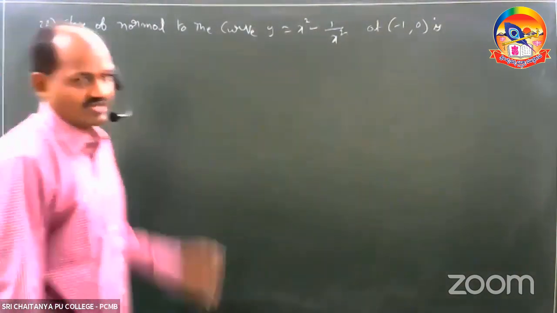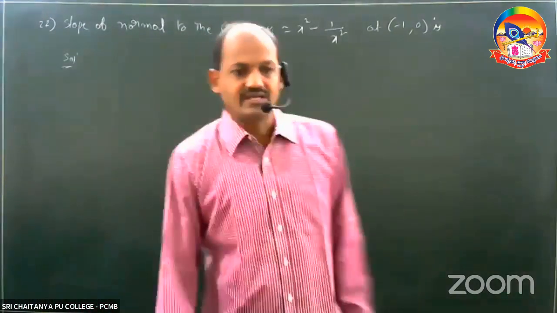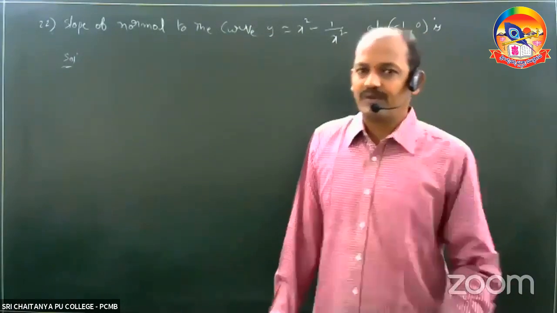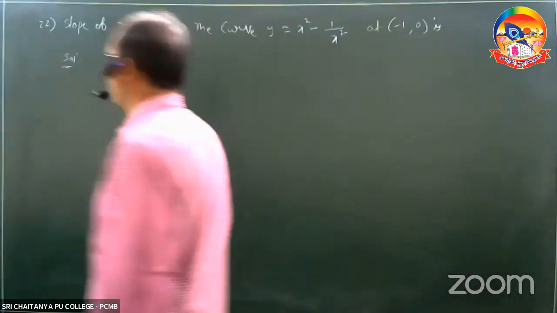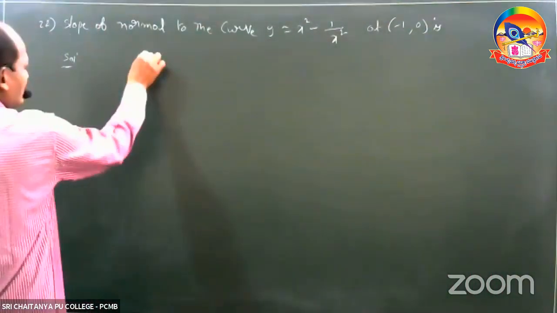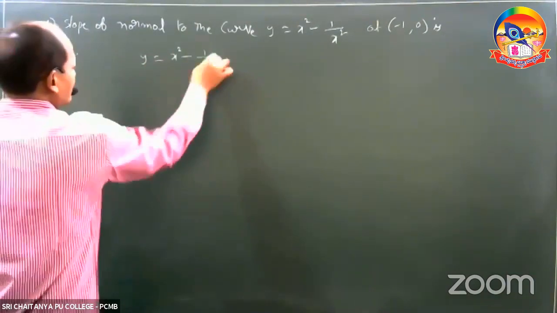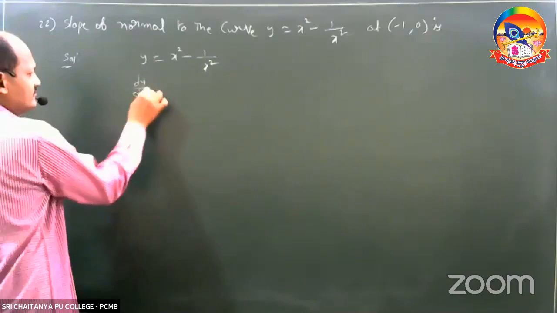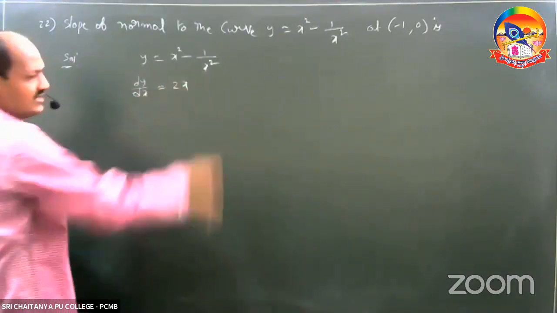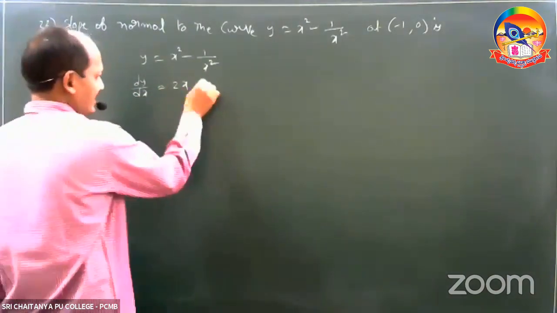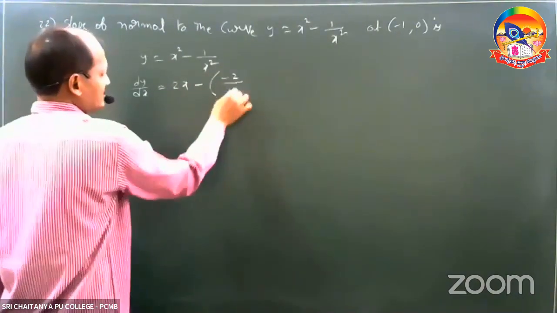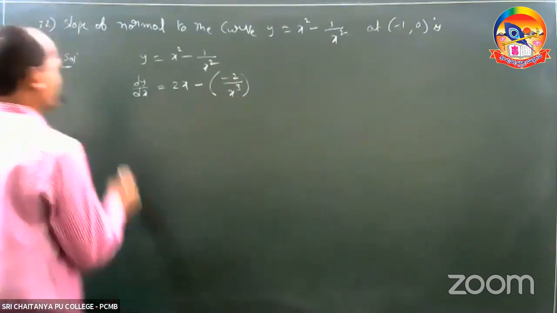Okay, slope of normal. Find a derivative, we get the tangent. Perpendicular means it is normal. So given curve y is equal to x square minus 1 by x square, find the derivative. Derivative of x square is 2x, minus derivative of 1 by x square, which is minus 2 by x cube.